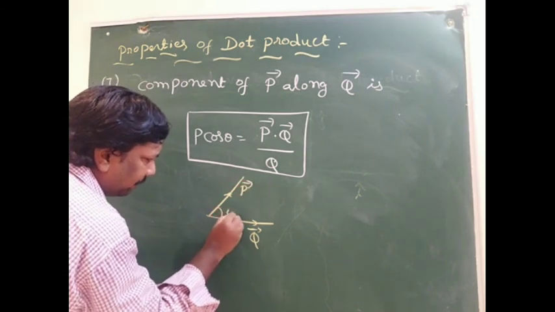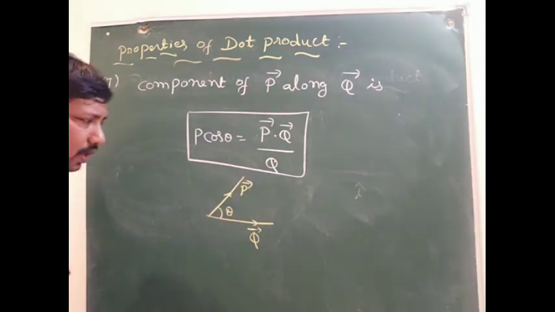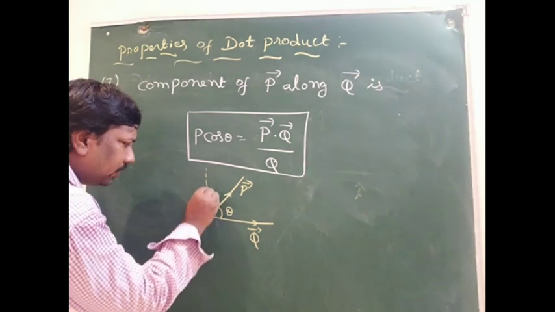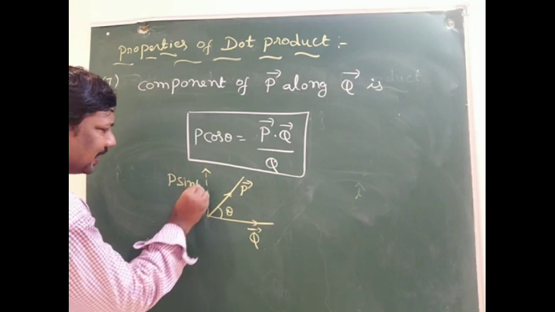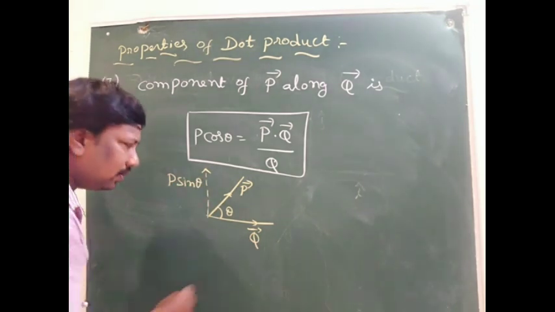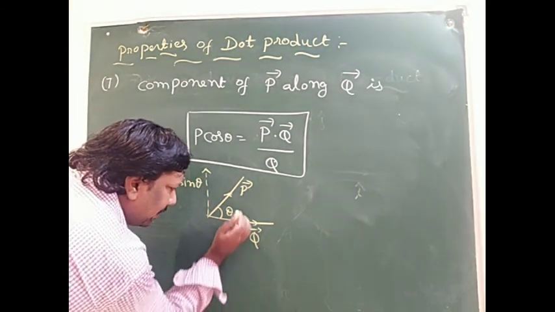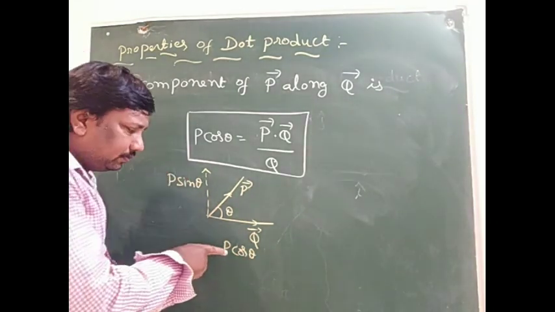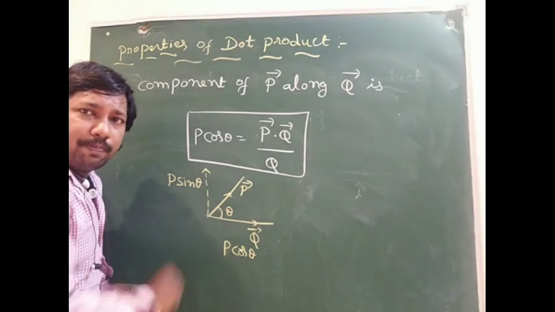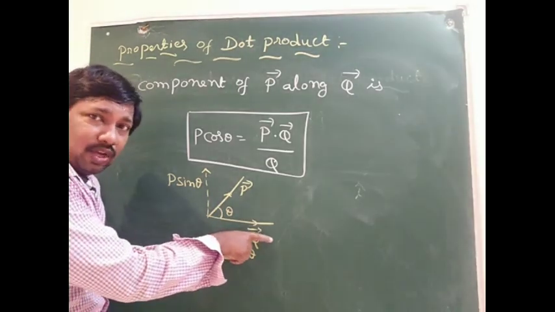The angle between P bar and Q bar is theta. Here P bar is resolved into two components. This is P sin theta, the vertical component of P bar, and this is P cos theta. Here P cos theta is the horizontal component of P bar along the direction of Q bar.